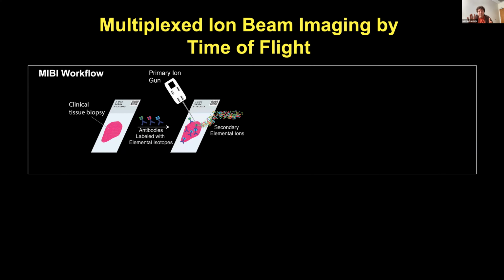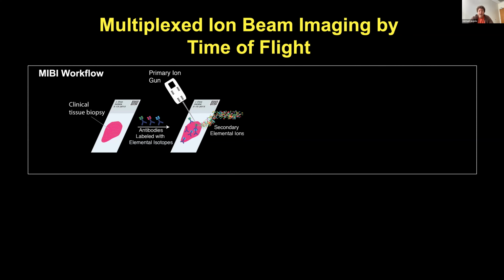Once we've got that field, there's a primary ion source that produces charged xenon ions with a +1 charge. Those are accelerated around 30,000 volts to be focused down into the sample to a really small spot size on the order of about a quarter micron or a half micron, so down to about 250 nanometer resolution. Most of the work we do is around the half micron spot sizes.